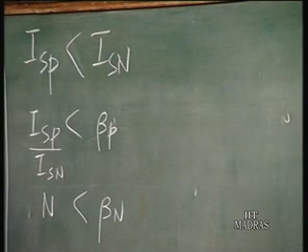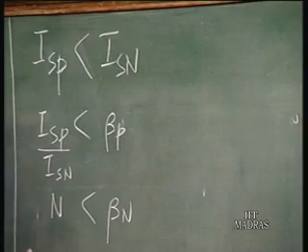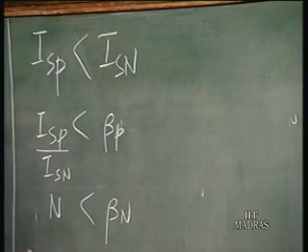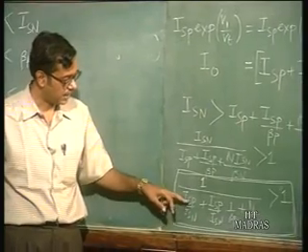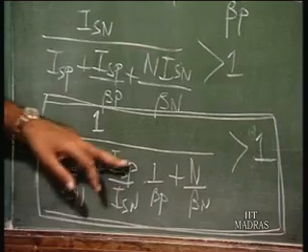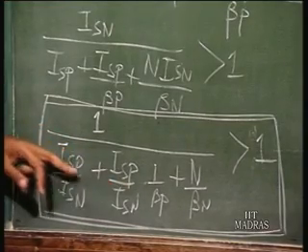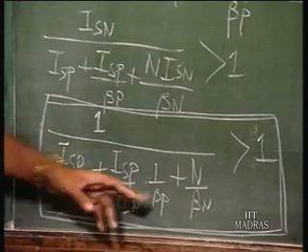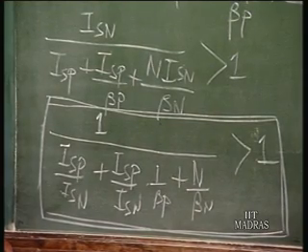But one must be careful that these are necessary conditions, but they are not sufficient. This ensures that each of these individual terms in the denominator is less than 1, but if each of these terms is less than 1, it does not mean that the whole expression is going to be greater than 1.